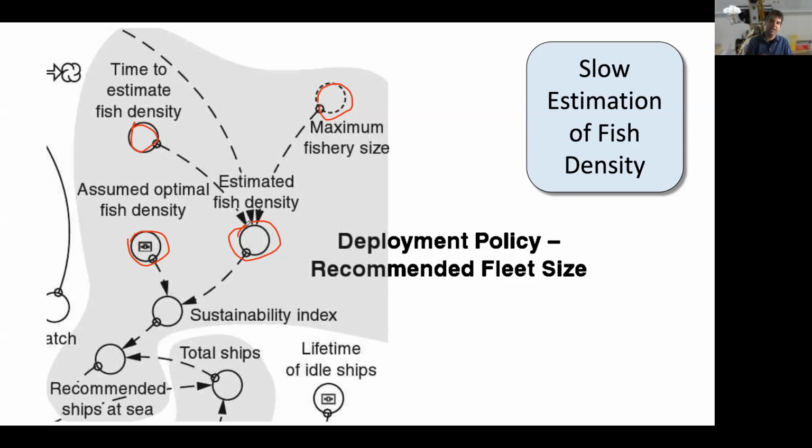So there's a real fish density out there, and whatever the real fish density is, we are going to get some confidence interval on our estimated fish density, and we're somehow modeling that uncertainty in this estimated fish density. And then if we have an assumed optimal fish density that hopefully science has told us, we can then calculate some sustainability index based on how much we estimate is in the fishery and how it compares to the optimal fish density. And then that sustainability index is going to drive our policy recommendations down here.